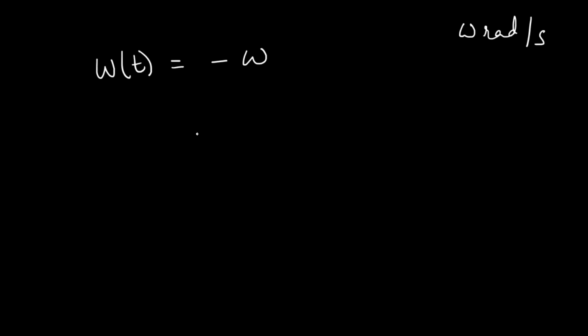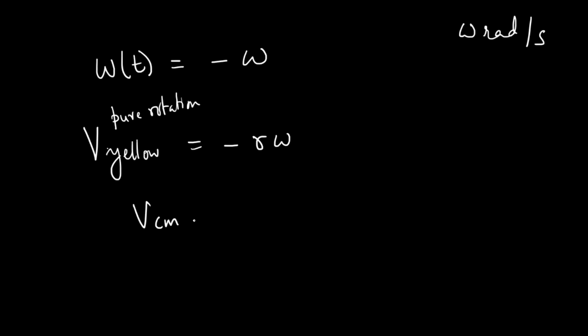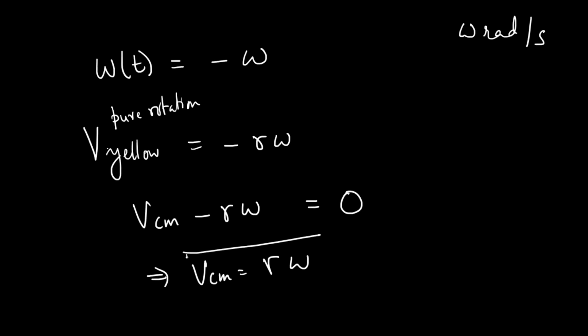Therefore the velocity of the yellow point due to pure rotation is going to be minus r omega. Then I think we're okay: VCM is positive, and VCM minus r omega is equal to 0, and that implies that VCM is equal to r omega as given in the problem.